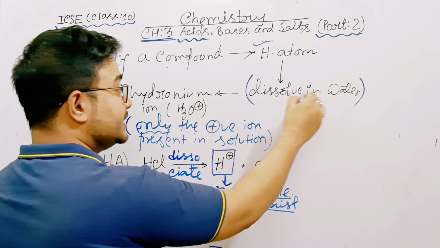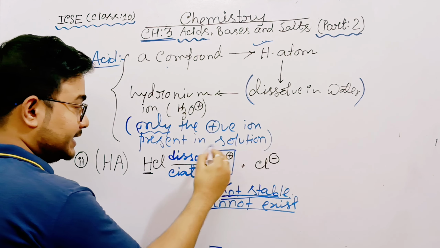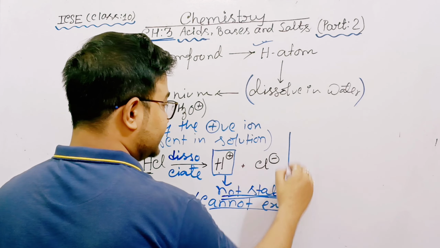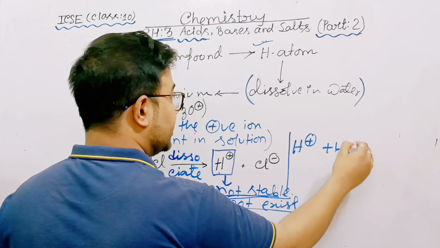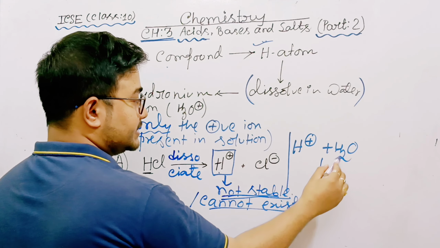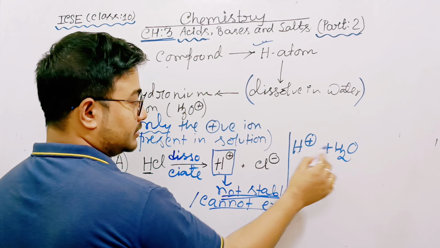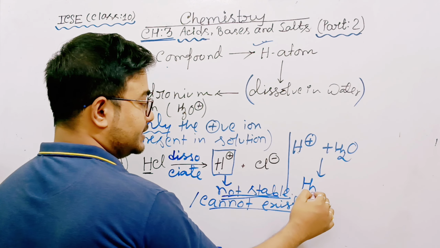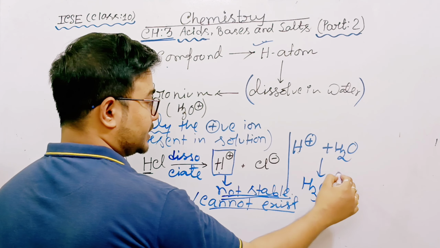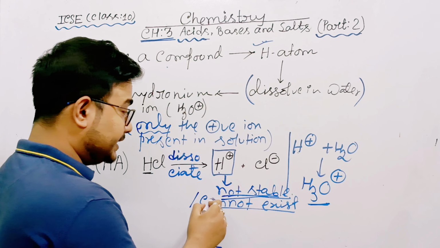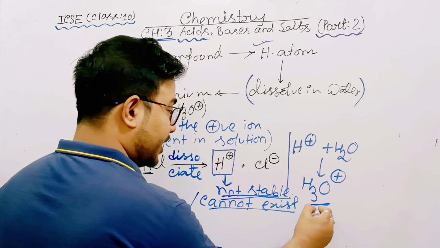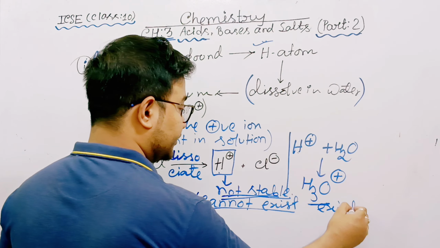So when this H plus dissolves in water, as I discussed in part 1, H2O and this one, so how many H? 3, so H3O plus. It cannot exist independently, but it exists independently.